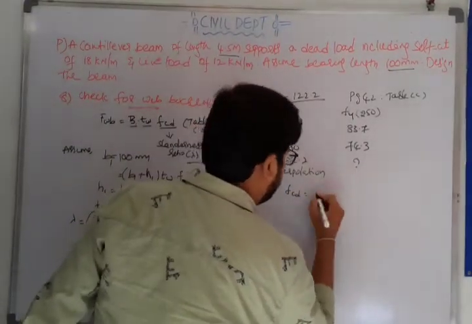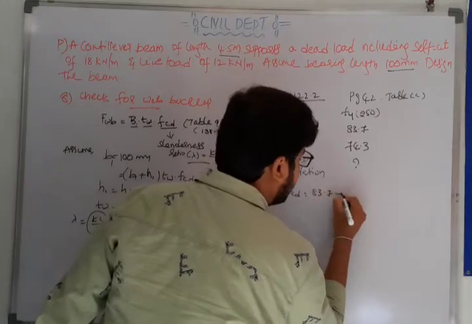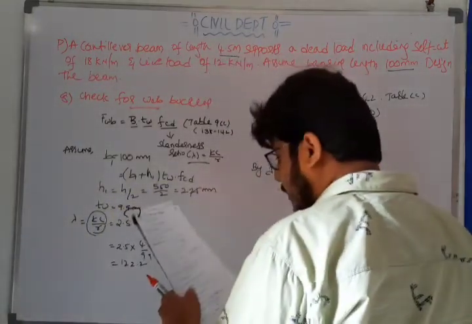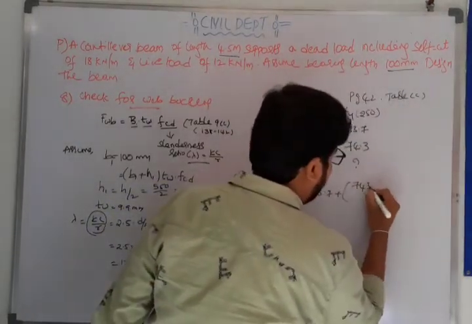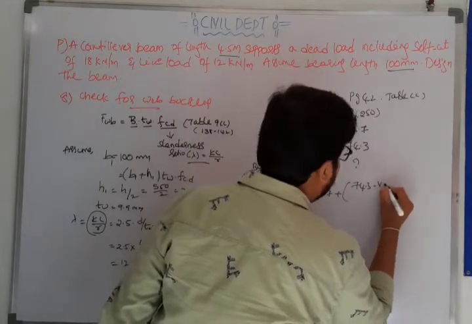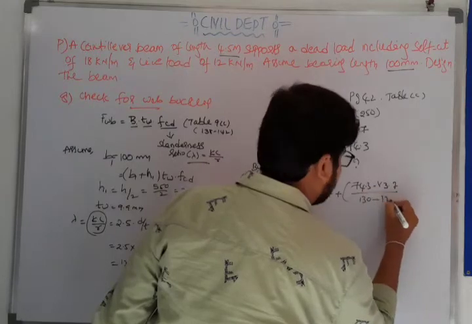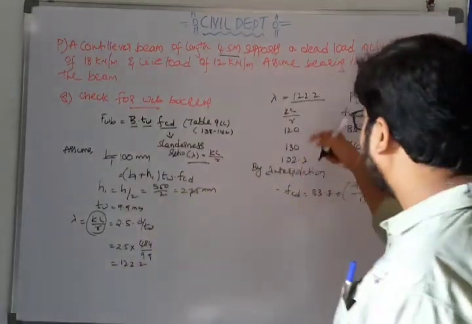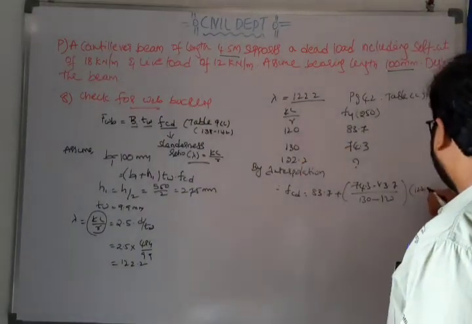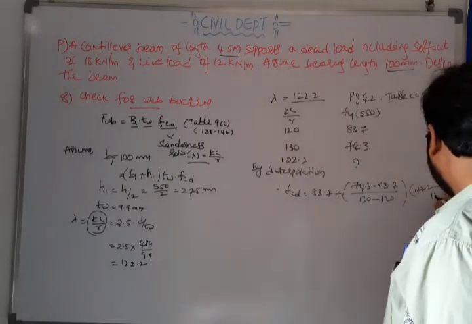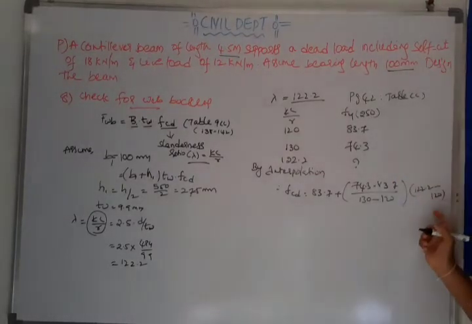I am writing the interpolation: 83.7 plus (74.3 minus 83.7) by (130 minus 120) into (122.2 minus 120). This is the formula for interpolation.